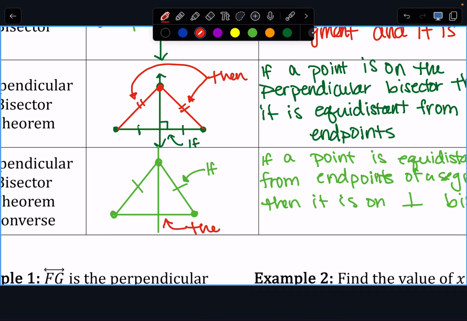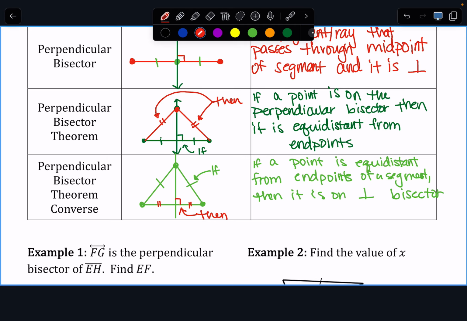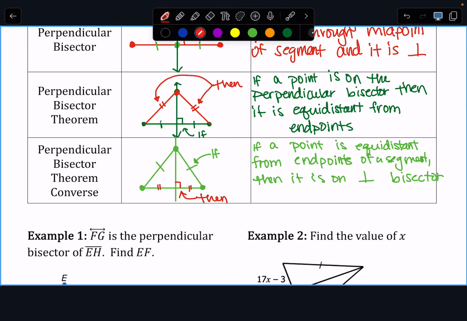Then I can say, oh, it's the perpendicular bisector. Okay, so we need to be able to use both of those theorems to solve. We also need to be able to identify, oh, hey, that's a perpendicular bisector.